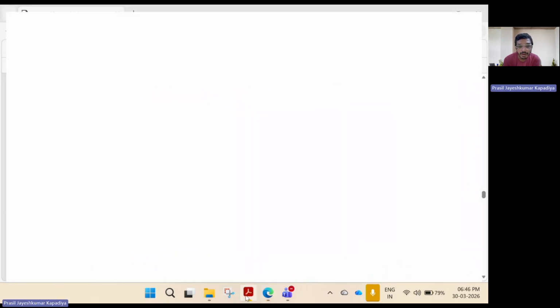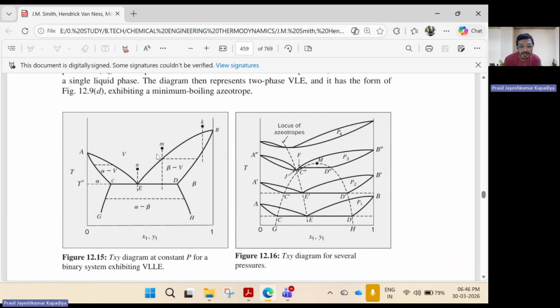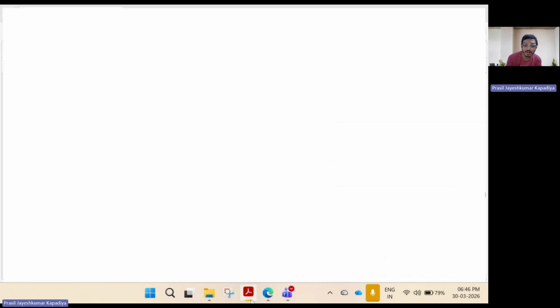However, at temperature T star, the vapor phase is at point E. So all remaining condensation occurs at this temperature, producing two liquids at points C and D. So if we are here, I can have one C and one D here.